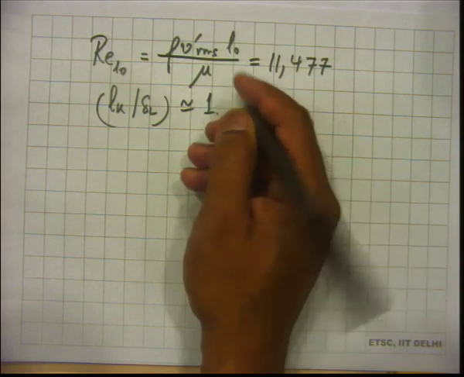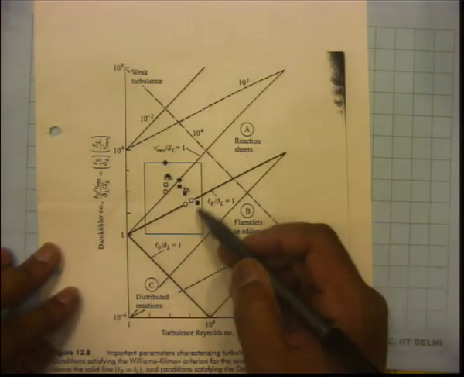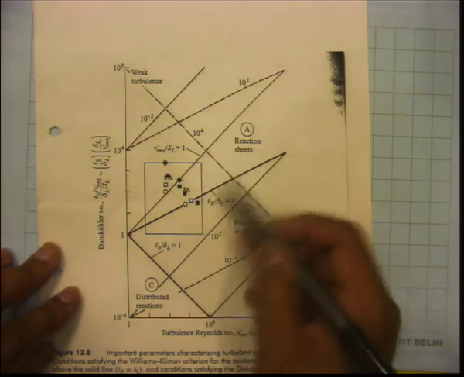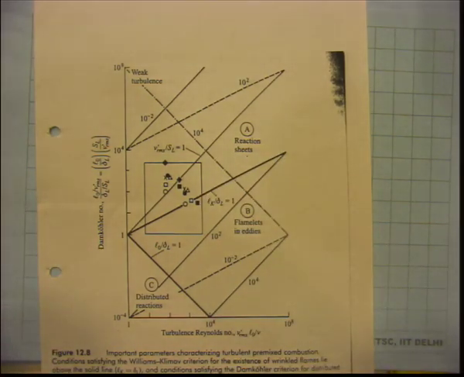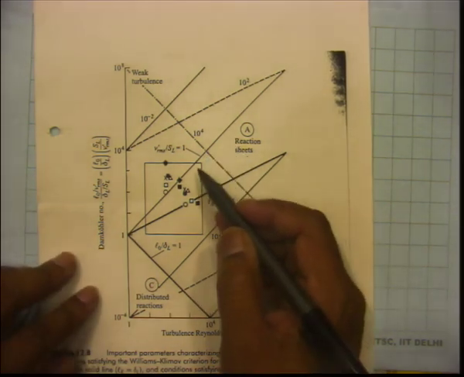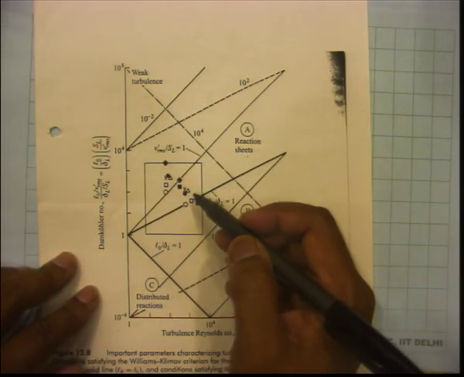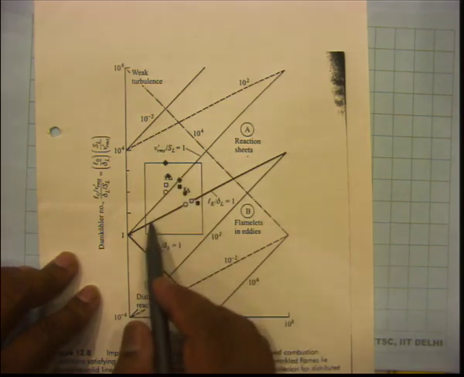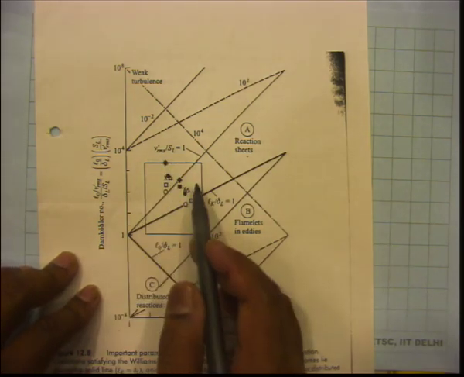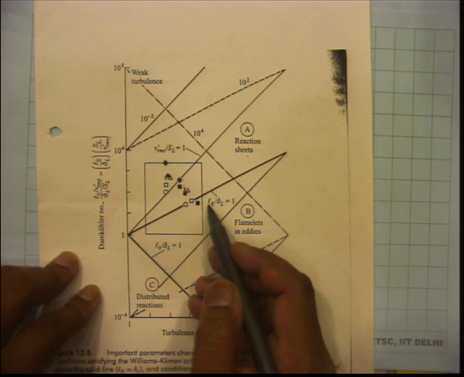Okay. So, if that is the case, then it is at the boundary, somewhere at the boundary between the wrinkled reaction sheet regime and the flamelets in eddies regime. So, a lot of practical combustion data, as I was telling you yesterday, engine data will fall in this, and this is more in the wrinkled reaction sheet regime and less in the flamelets in eddies regime.